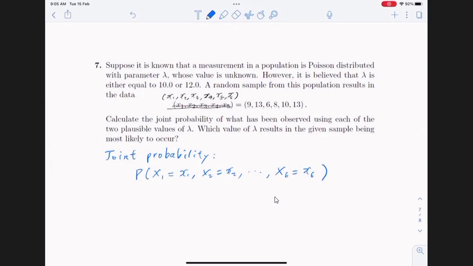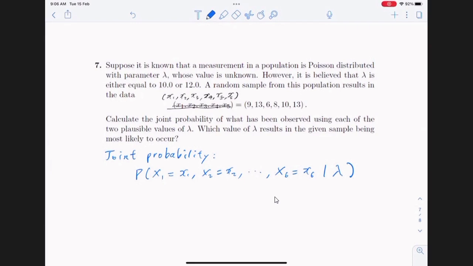But this joint probability is computed from a Poisson distribution with unknown parameter lambda, so to indicate its dependency on the value of lambda, we have this notation. We put lambda on the right hand side of a vertical bar, to indicate that this probability depends on the value of lambda. And we are going to compute this based on the two values of lambda.